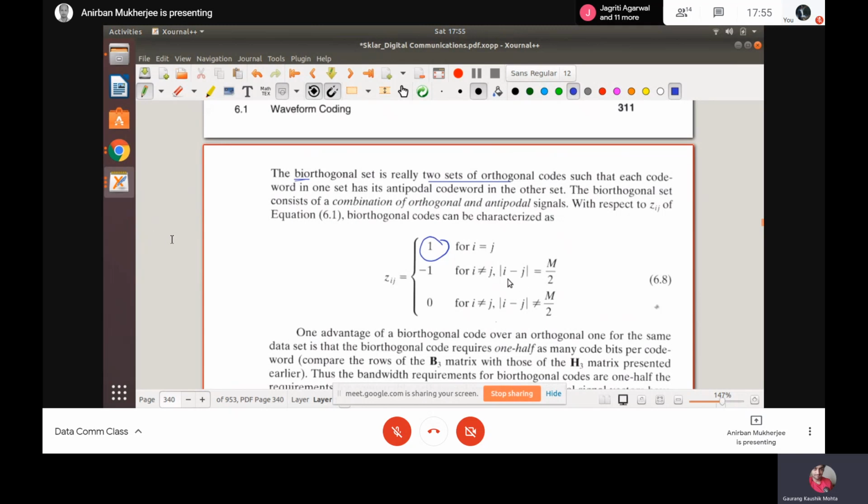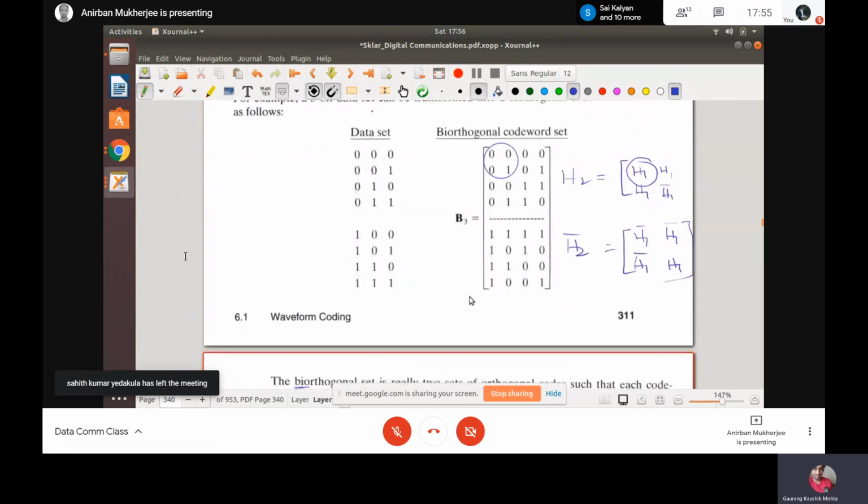If i is not equal to j, generally we had 0. But when i is not equal to j and the difference is equal to M/2, say M equal to 8, then M/2 is 4, and I have minus 1, otherwise 0.